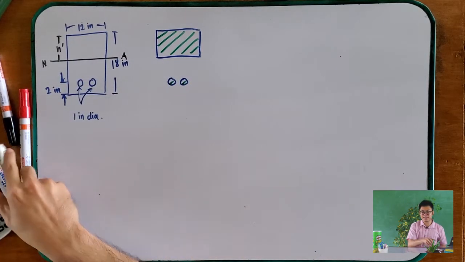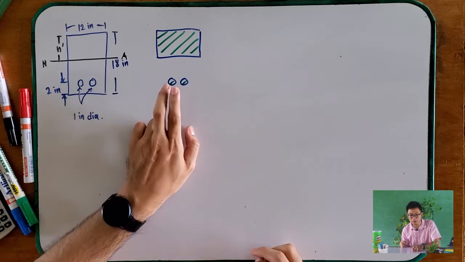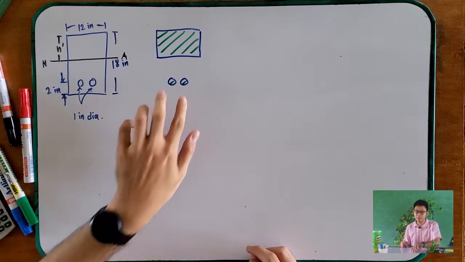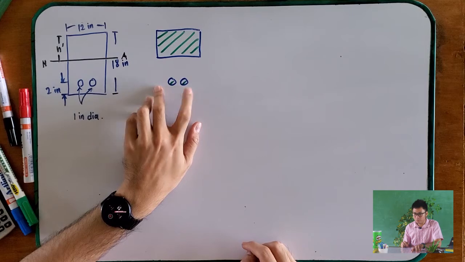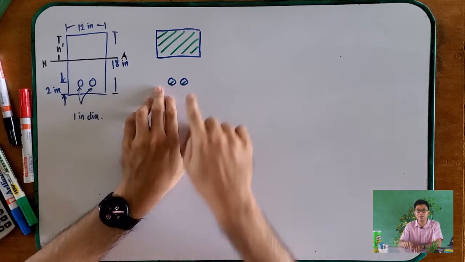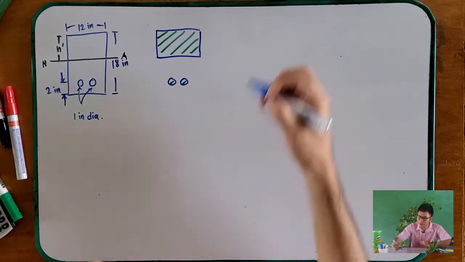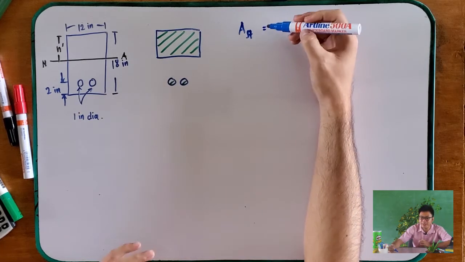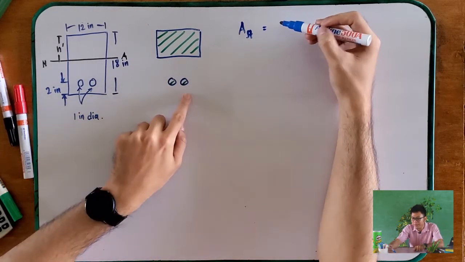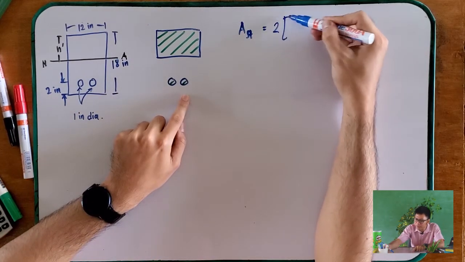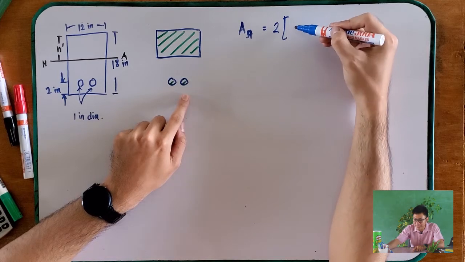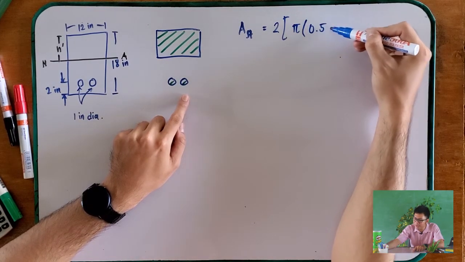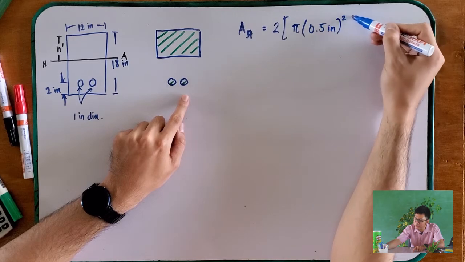But the problem is, they are not yet homogeneous, so we have to transform this one into concrete. How are we going to transform this into concrete? We find n, and we find the area of the steel. To get the area of the steel reinforcing bars, since there are two of them, we have 2 times pi times 0.5 inch squared.